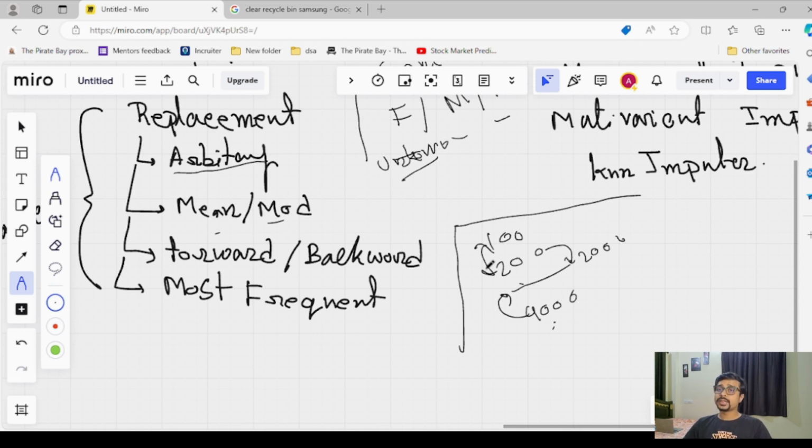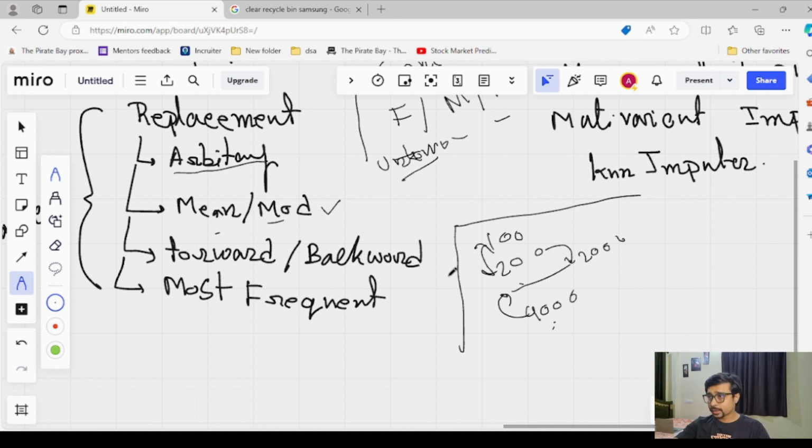So if you have three years of stock data and you see that some of it is missing, you can do either mean or mode, and most of the time, if it is very frequent, like today is 2000, tomorrow's data I have missed, and the day after tomorrow I see 2500, what can I do with this? To go from 2000 to 2500, it must have gone somewhere in between. So I'm assuming that my stock is going in an upward direction.